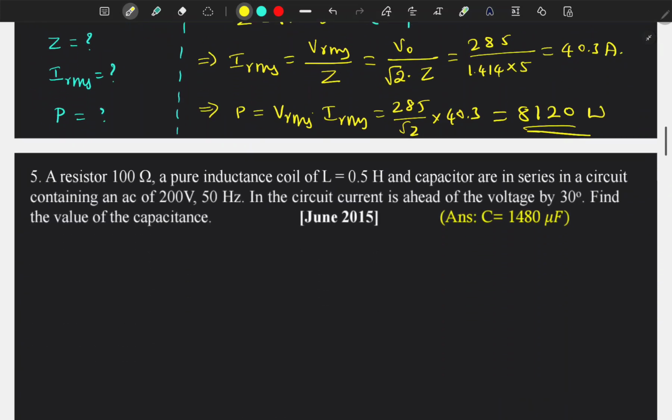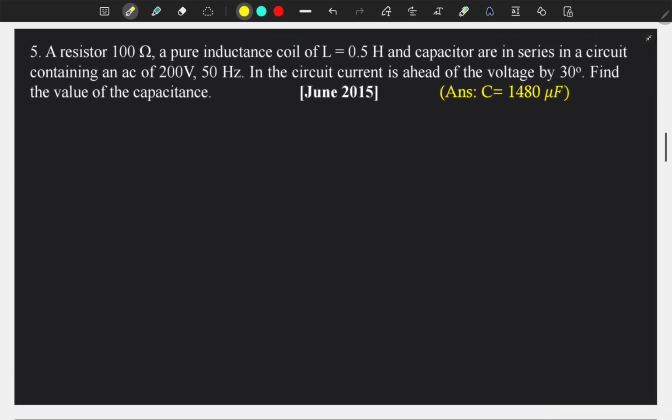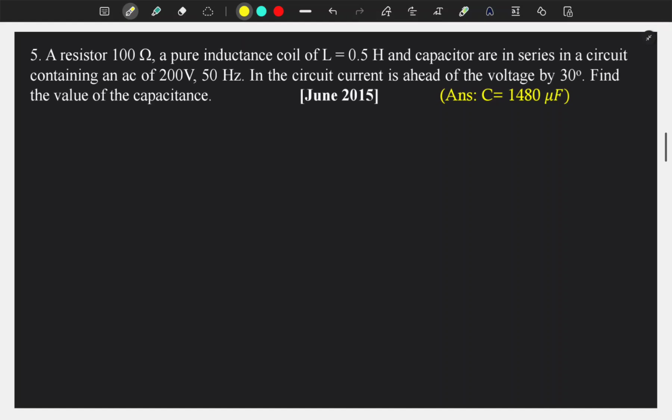Next we'll move on to the fifth question. That is, a resistor of 100 ohm, a pure inductance coil of L is equal to 0.5 Henry, and a capacitor are connected in series in a circuit containing an AC source of 200 volts 50 hertz.